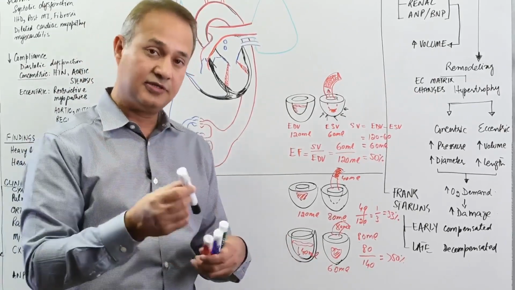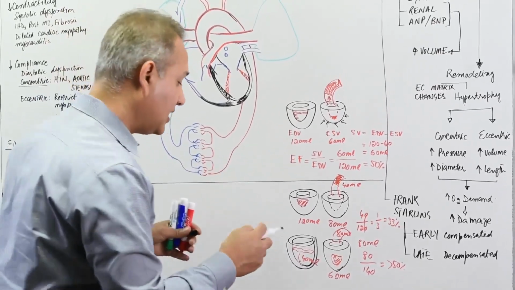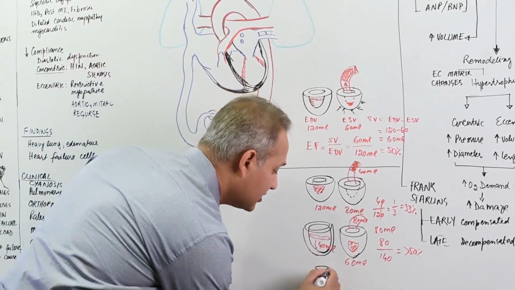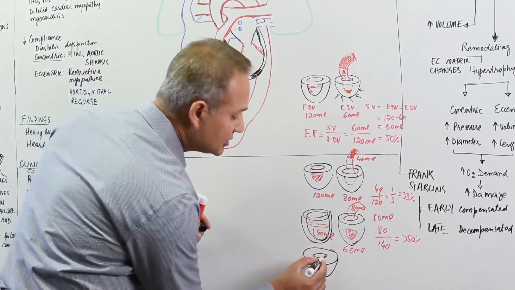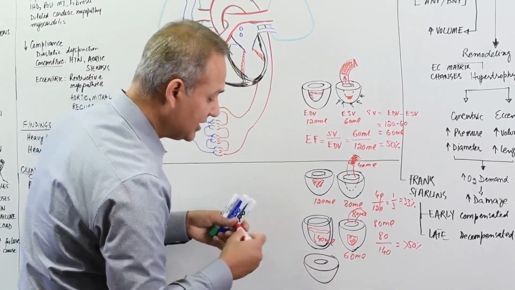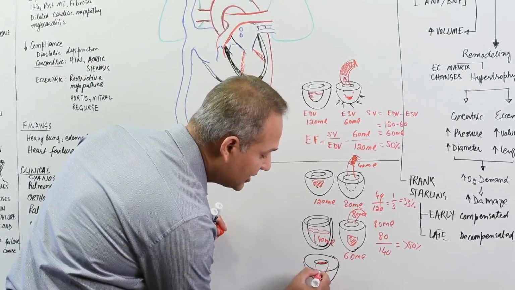less blood present. For example, in a hypertrophied heart, which is thick, and let's make that one here, this is a thick heart. It has a small lumen, the cavity is small, so the amount of blood in here is less.